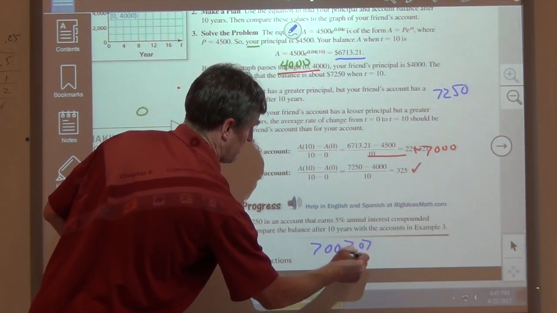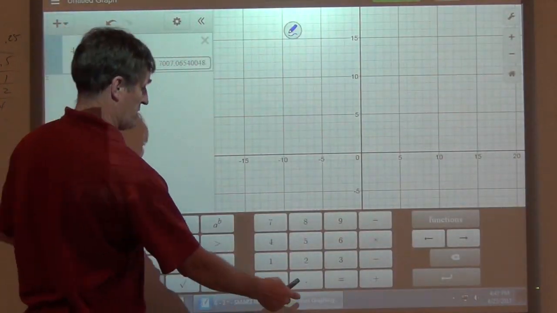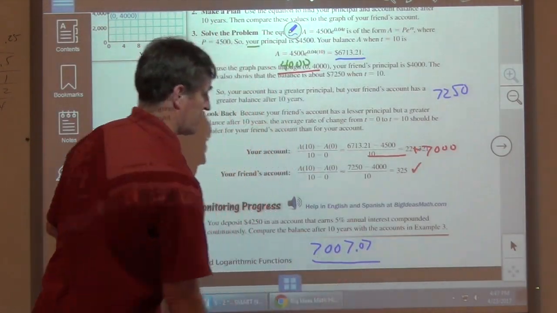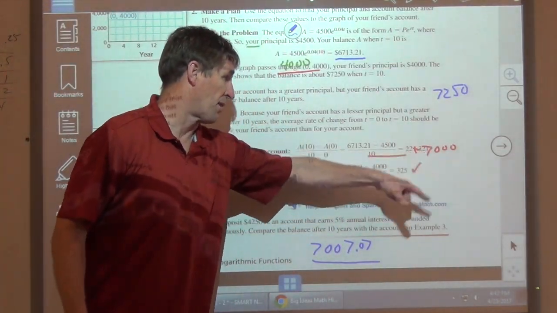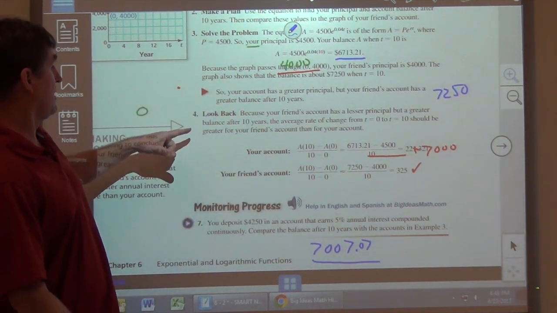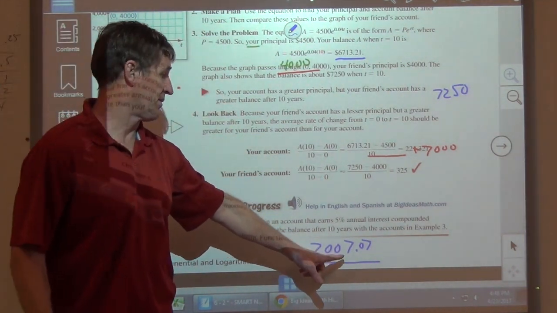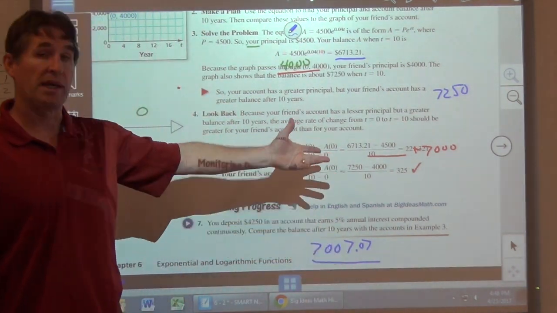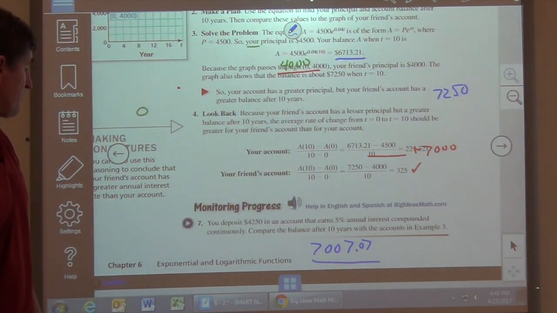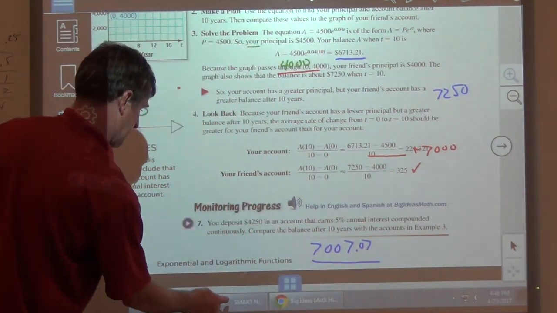So we can see now that it's somewhere in between. Because at 4,000 we entered an approximation in between, but we still have less money than the other person. We really can't compare exactly unless we calculate their interest rate. But that's what you're going to be doing on this assignment.